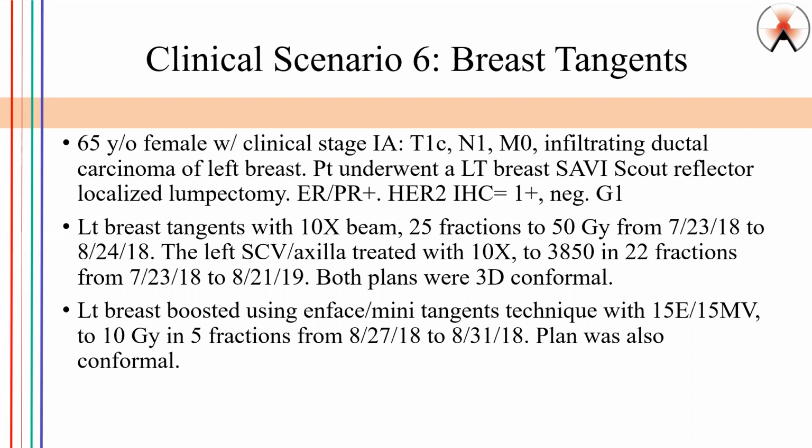When we look at the medical record, it could be a number of different formats that the radiation oncologist or that your facility uses to provide you with that information, or to enter that information into the medical record. So here we have a left breast tangents with 10x beam, 25 fractions. You have your date, you have the supraclav, and again, 10x.